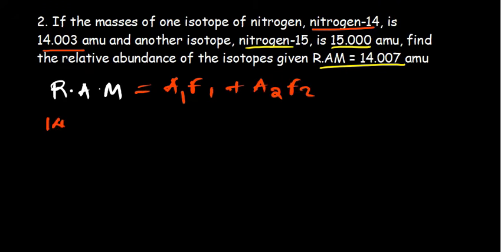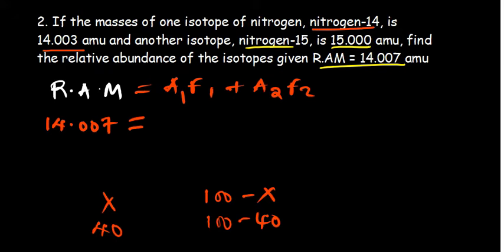So we have 14.007. In this case, what we are finding is different. I'll use x to denote the abundance. If we have x, we expect that the other one is going to be 100 minus x. What it means is, if you have 40, for example, the other one is going to be 100 minus 40, since there are only 2, which is obviously 60, right?